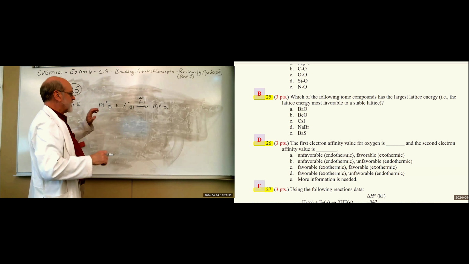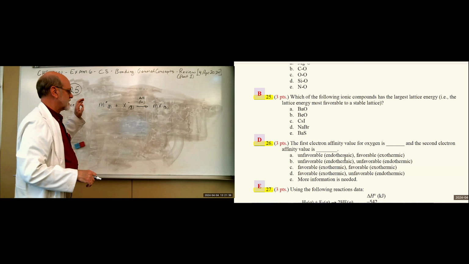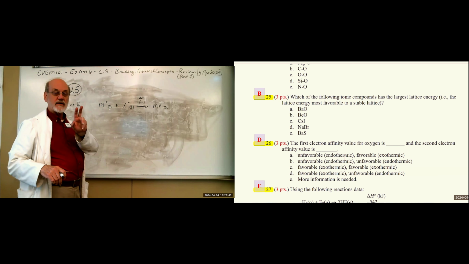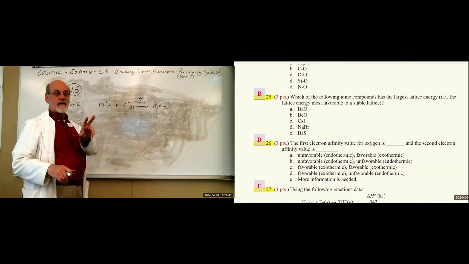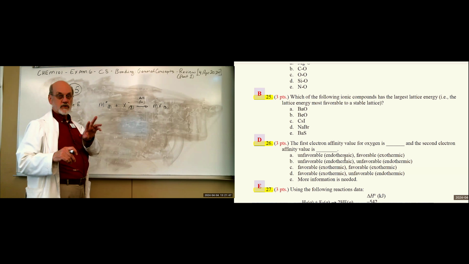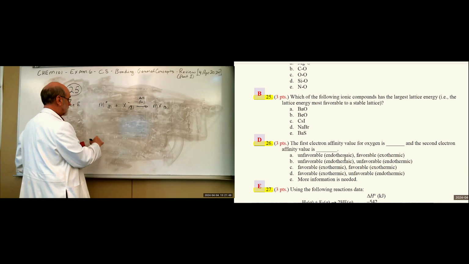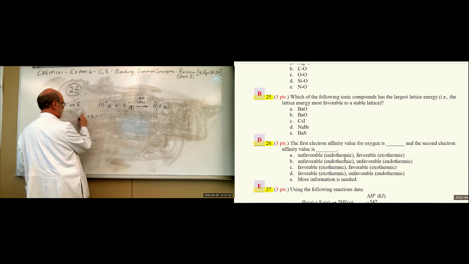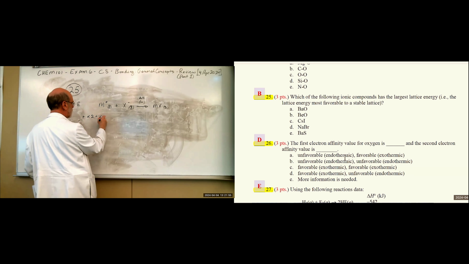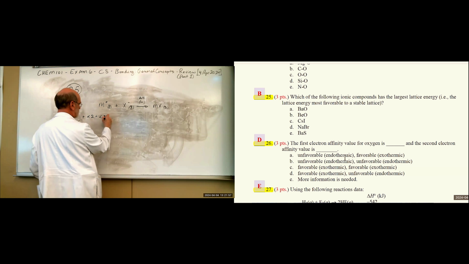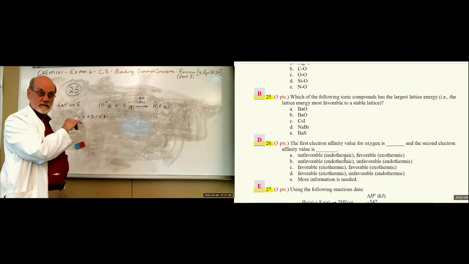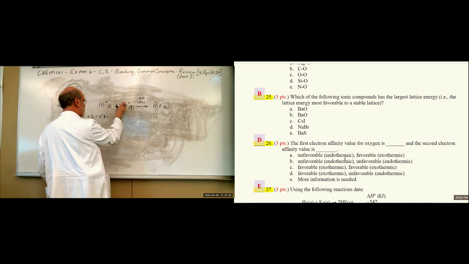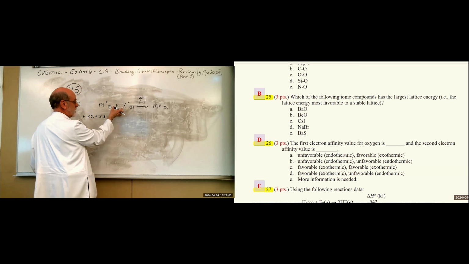But the thing that stabilizes the lattice are two things. How close can the ions get to each other? And what's their relative charge difference? So 2 plus would be greater than 1 plus. And 3 plus would be, as far as charge goes, 3 plus for one and 3 minus for the other one.